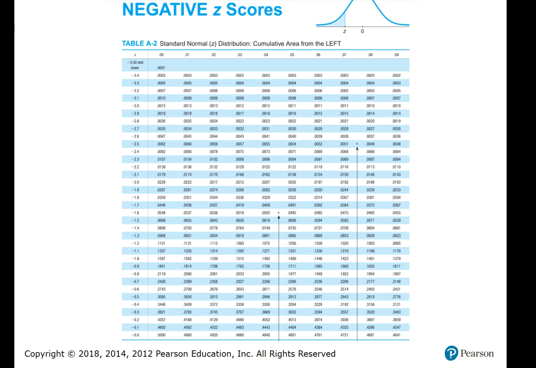And since it was -1.00, I'm going to use the first number of 0.1587. That 0.1587 is everything below the z-score. I want everything above it.